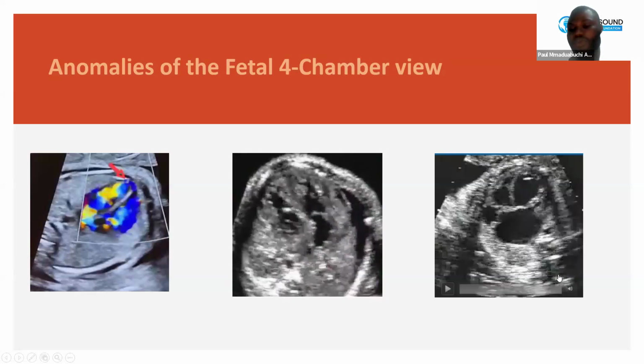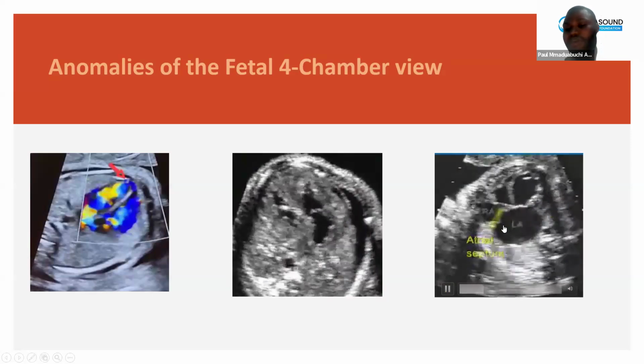So here you'll be able to assess the atrial septum.